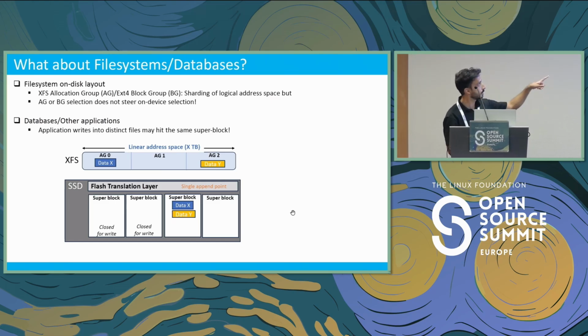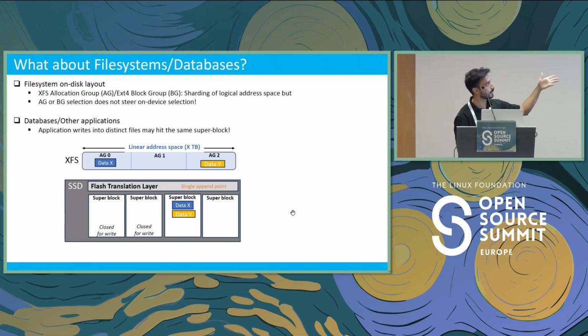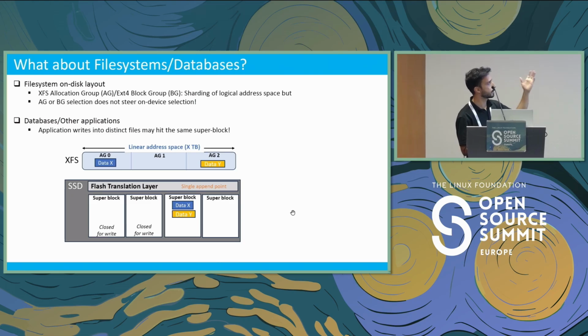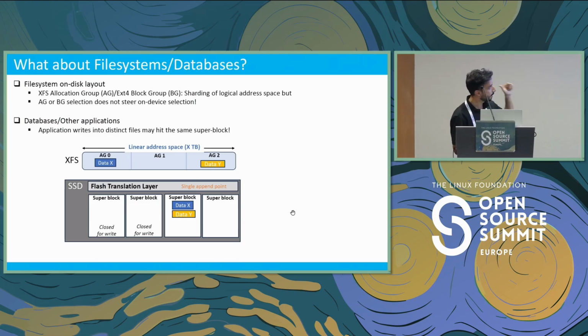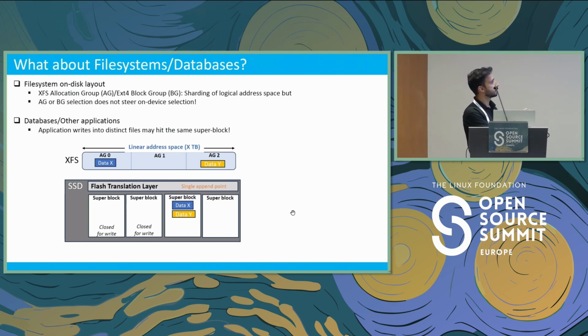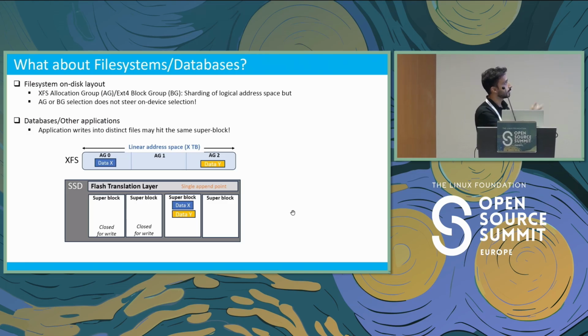So you see this figure here. Imagine an X TB device or SSD here, and XFS is going to be creating, this is a bit simplified, but yes, multiple AGs, and in the linear address space, that's how it will look. XFS is designed for scalability, and the AGs are one way to do that.